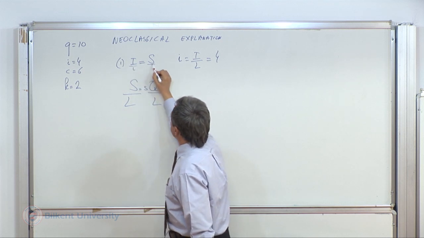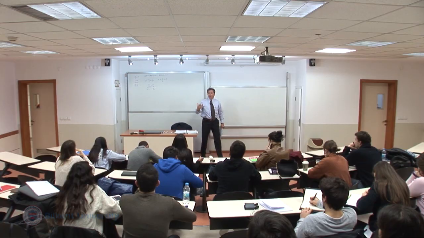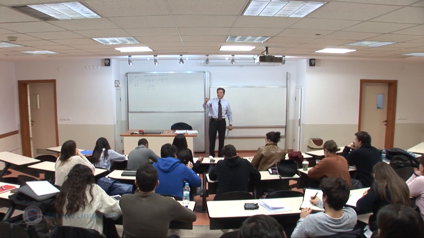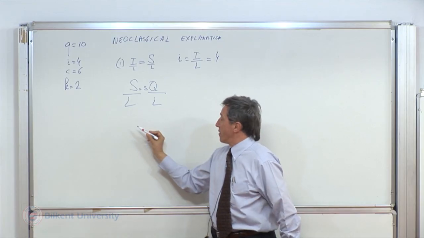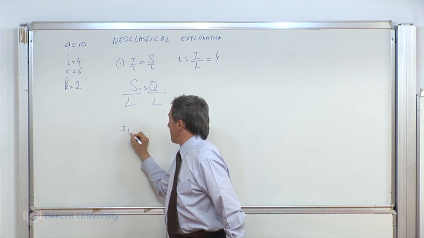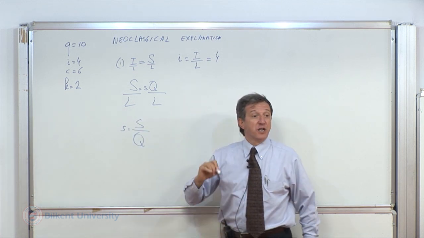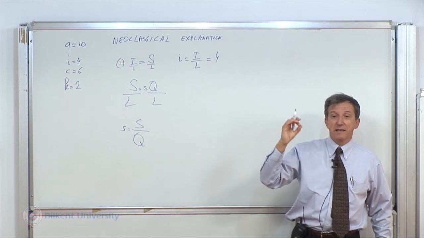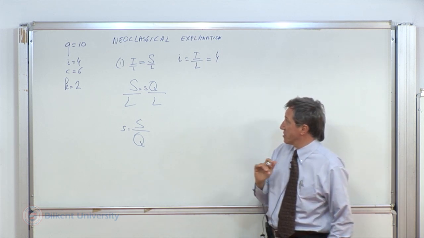So if you divide both sides of this, I'm going to impose the requirement that investment per labor is equal to total savings per labor. And little s is total savings per output. Marginal propensity to save out of income. It is not savings per labor, right? Just let's make a differentiation.